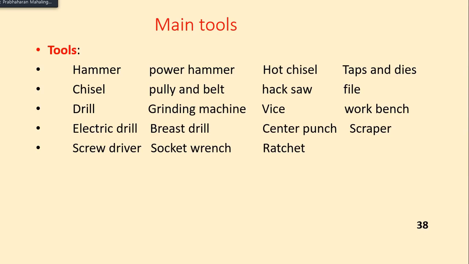So 2 advantages. This is very essential because no one knows ratchet. They don't understand what it is. We can give it to your practical, so you must write down something about ratchet. That is a practical oriented tool.